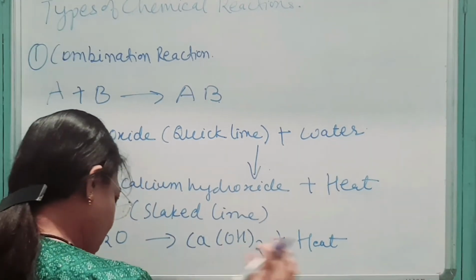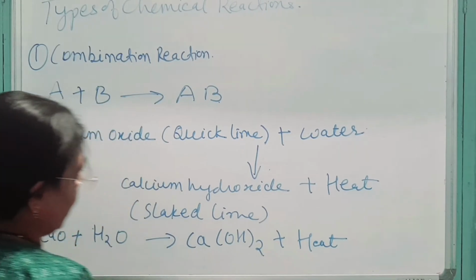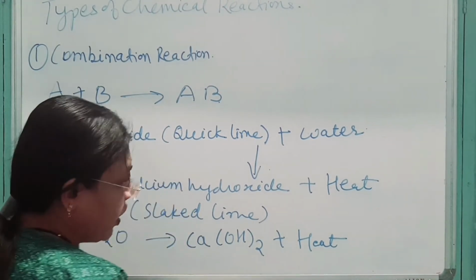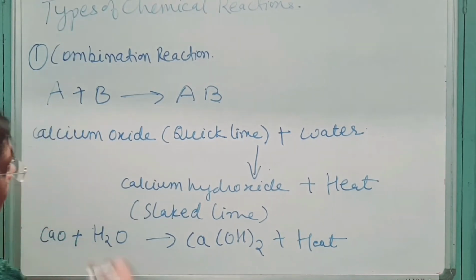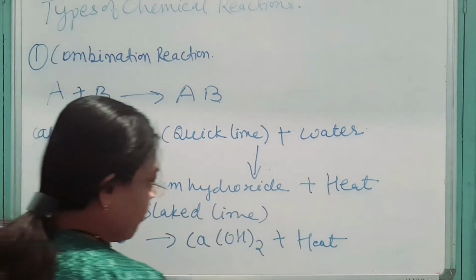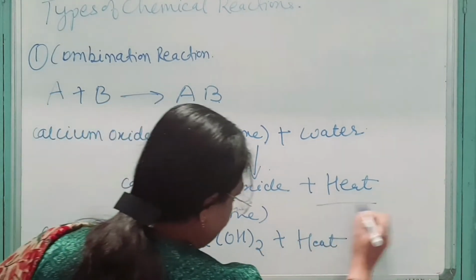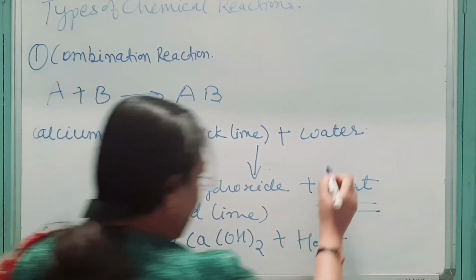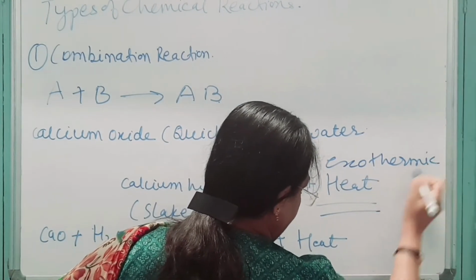In the combination reaction a lot of heat energy is given out, and the reaction where a lot of heat is given out is called an exothermic reaction. So the heat is given, so it is an exothermic reaction.